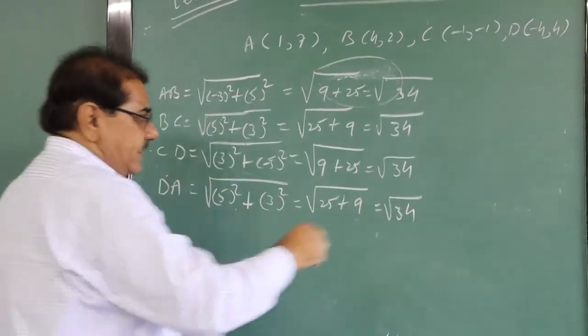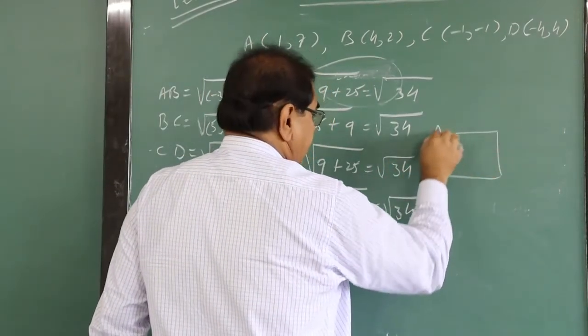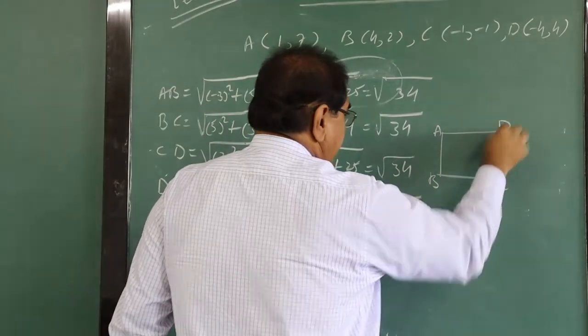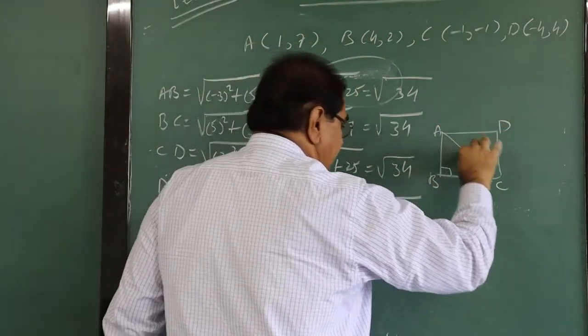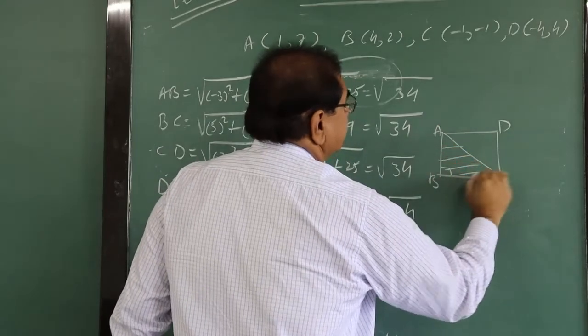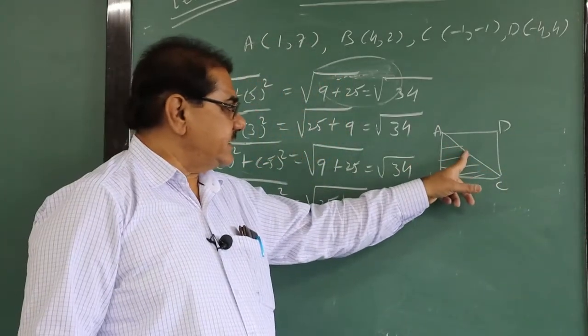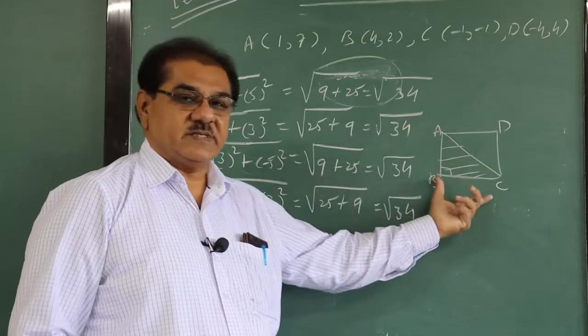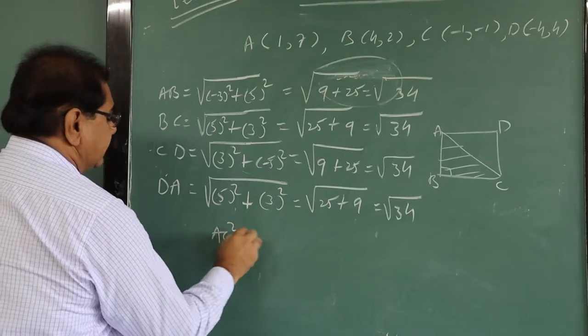There are 2 ways. Number 1, if it is a square ABCD, then all angles are right angles, AC becomes a hypotenuse, so this becomes a right angle triangle. So in the right angle triangle, AC square should be equal to AB square plus BC square, you can check that. First of all, find out AC square.